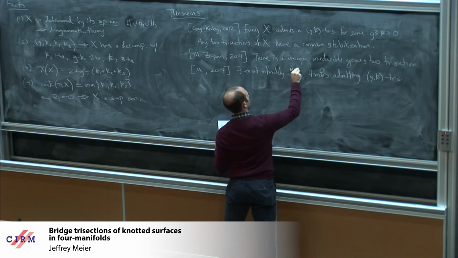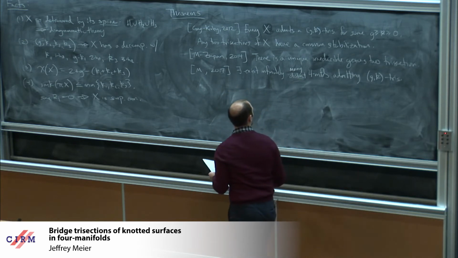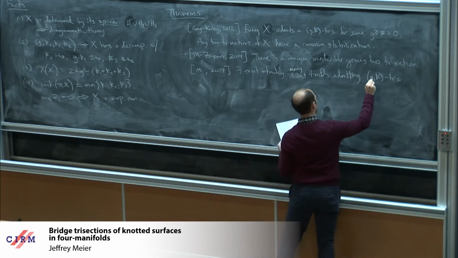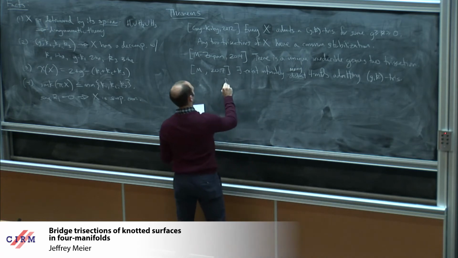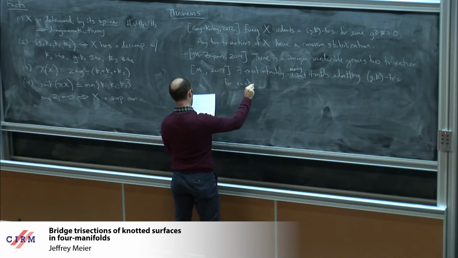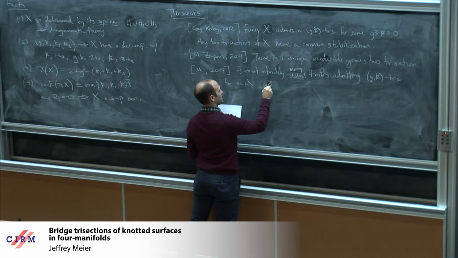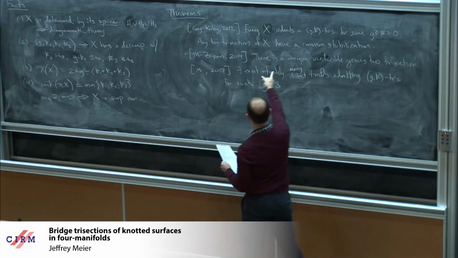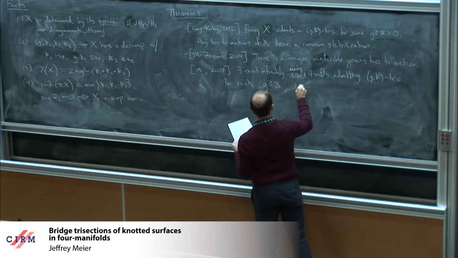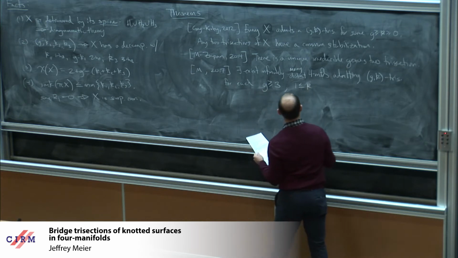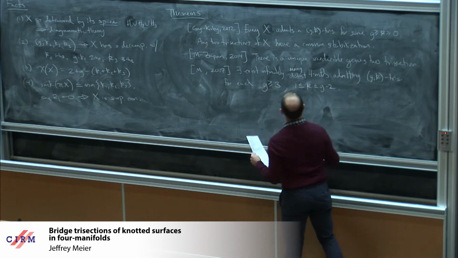So now we have to be a little careful. We have to say g greater than or equal to 3 because of that. And we also have to say k between 1 and g minus 2.